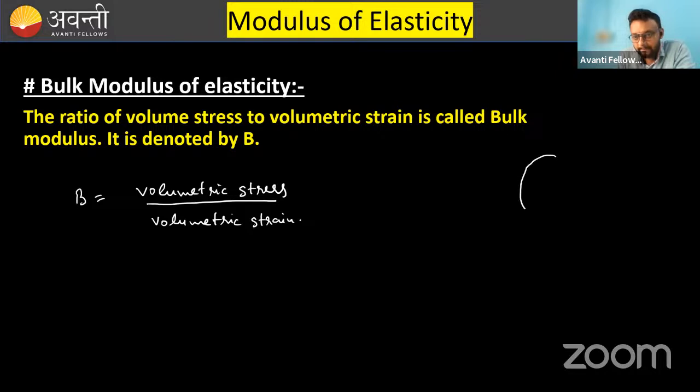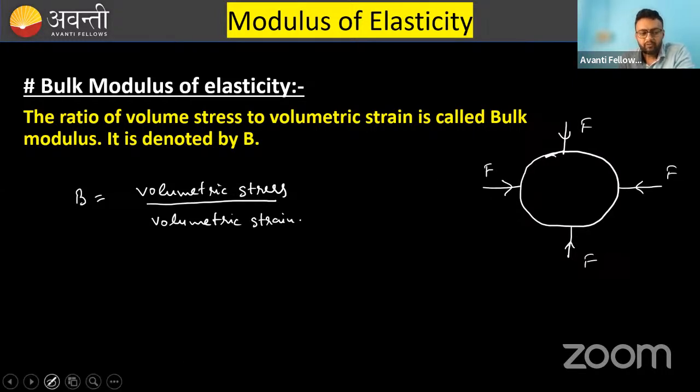Suppose this is a body and it is acted upon by some forces like this. If all these forces are perpendicular to it at the point of action, then the stress produced is known as volumetric stress. This stress will shrink the body like this. The body after some time will look like that. So there is a change in the volume.